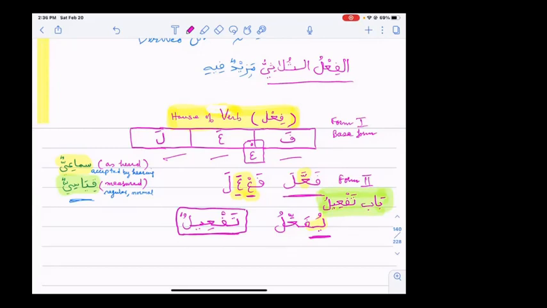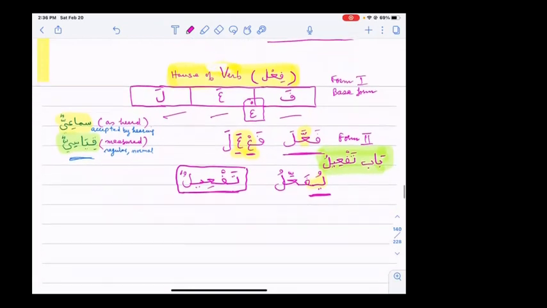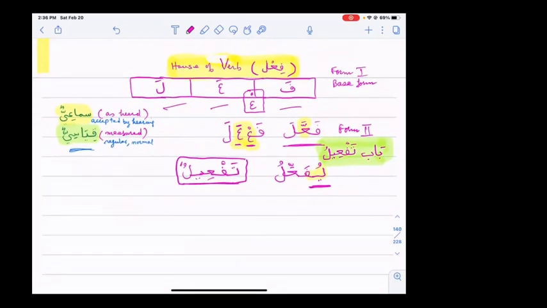So here is, my brother and sister, first verb that we are going to do. This tafa'ilun comes from fa'ala. And then I say to you here, alima, to know.